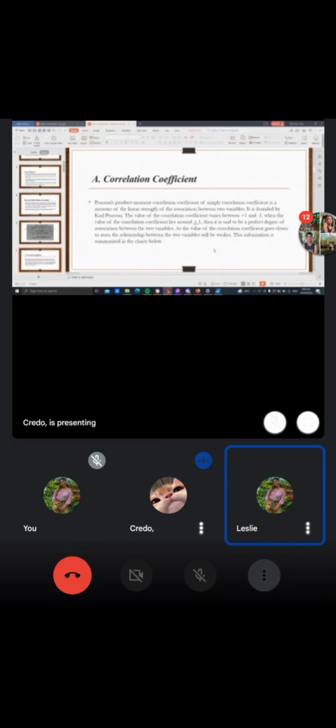Correlation coefficient. The Pearson product moment correlation coefficient, or simply the correlation coefficient, is a measure of the linear strength of the association between two variables. It was founded by Karl Pearson. The value of the correlation coefficient varies between +1 and -1.